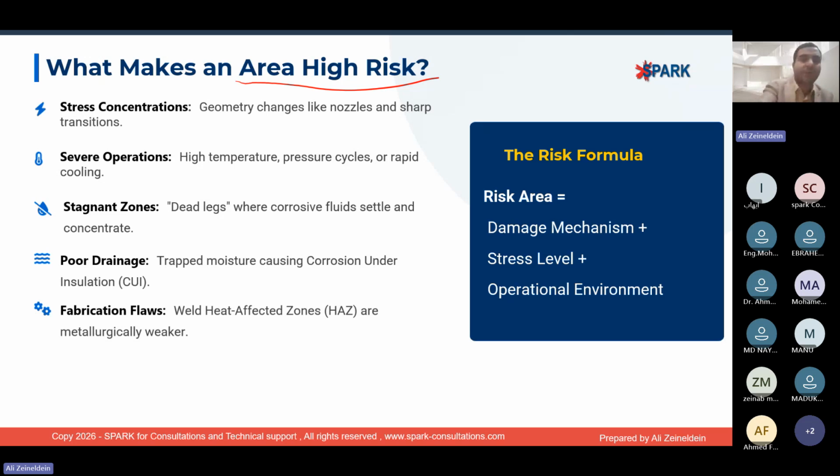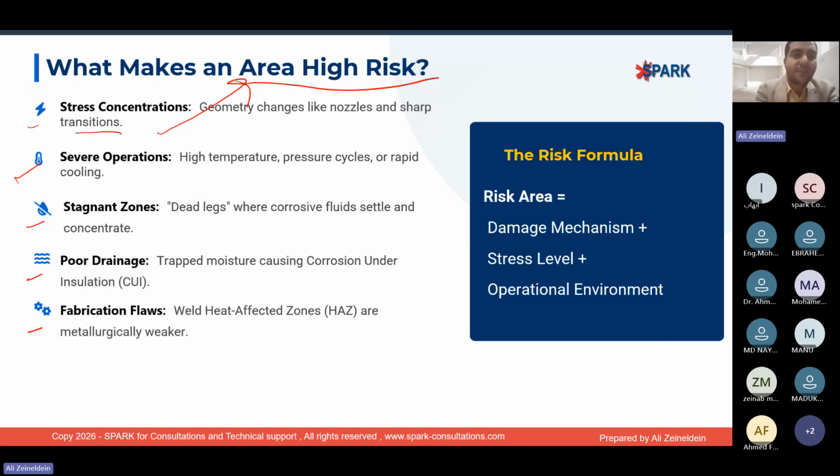For example, stress concentration, severe operation, stagnation zone, poor drainage and fabrication flaws or defects. Okay, stress concentration, for example, geometry change like nozzles and sharp transitions. So if it is in our plant, it will directly be a high risk area.